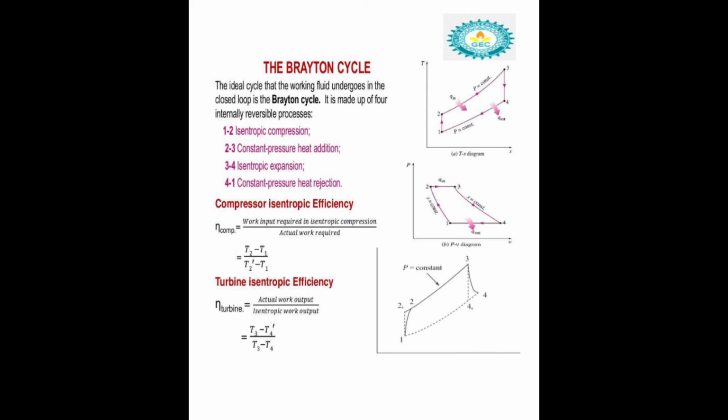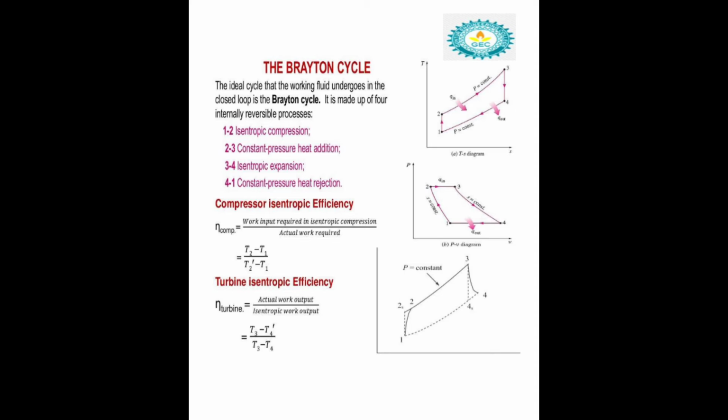In this process, the hot air is expanded in the gas turbine. The process is isentropic, so entropy remains constant, so S3 is equal to S4, and temperature gradually decreased from T3 to T4. Pressure also gradually decreased from P3 to P4.